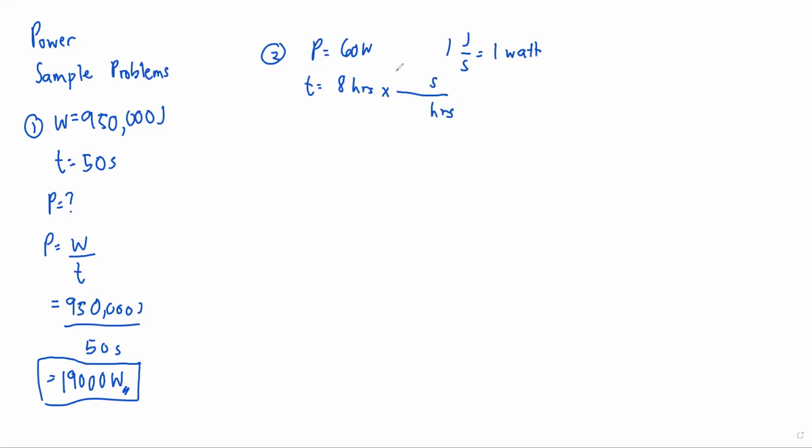So 3600 seconds per 1 hour. Okay? So 8 times 3600 which is equal to 28,800 seconds.